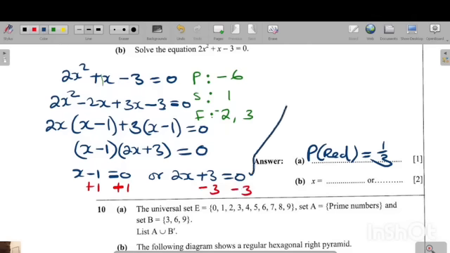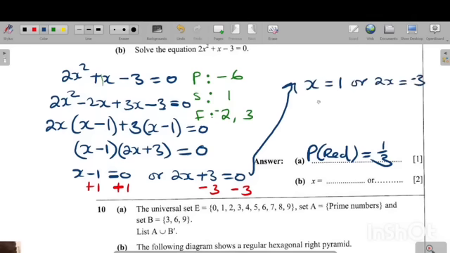All right, so let's solve it from here. So meaning here on the left, you are going to remain with x is equal to 1, or 2x is equal to negative 3.